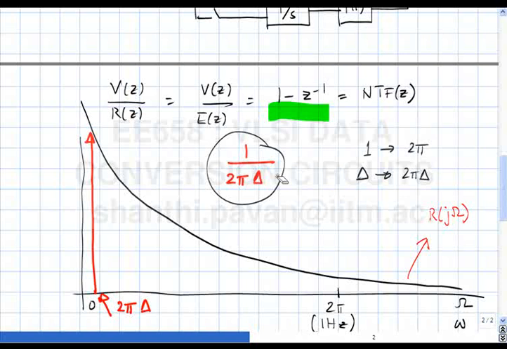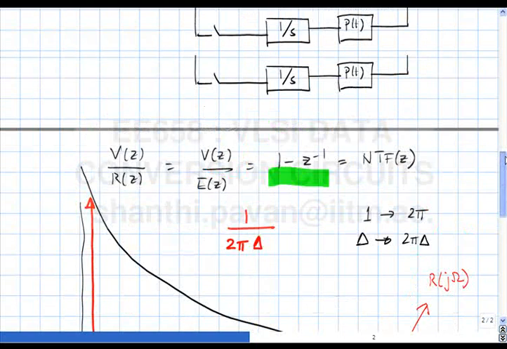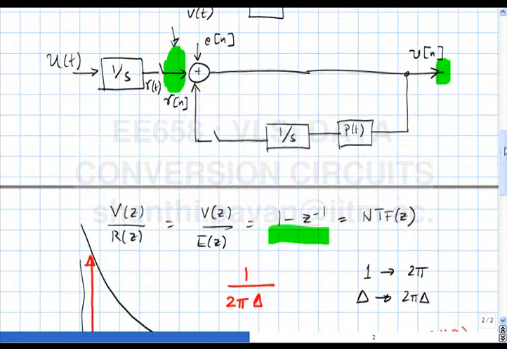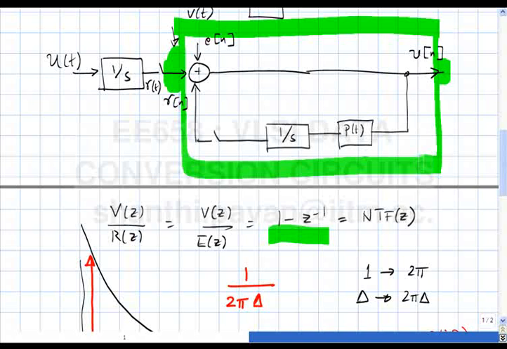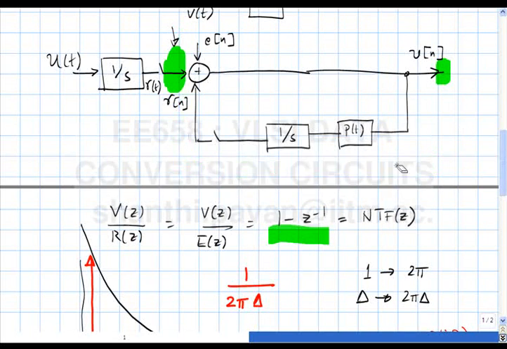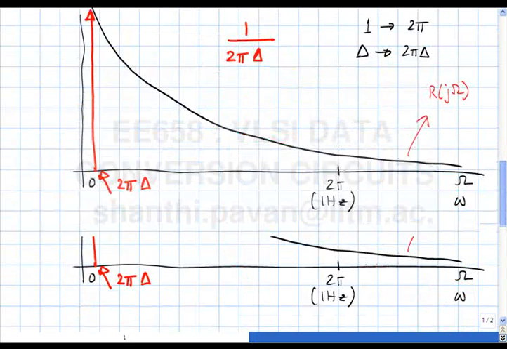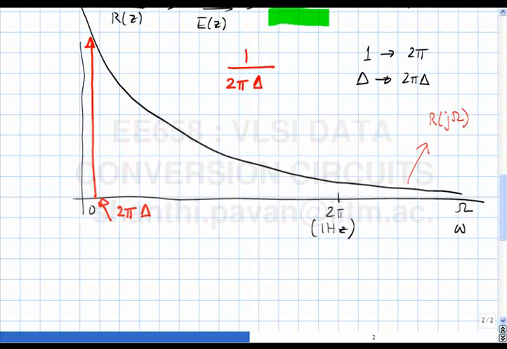Okay, alright. Now what is the next job? To trace it through this block here, and what is the frequency response of that block? 1 by 1 minus Z inverse. And what happens? How does 1 minus Z inverse look?